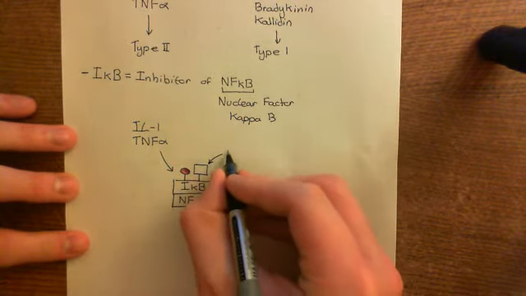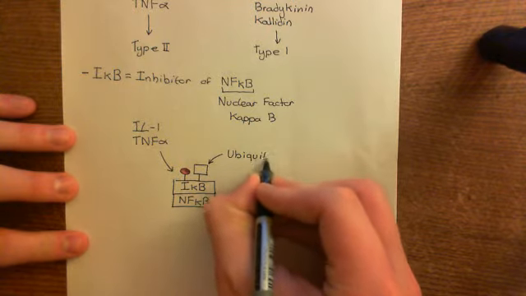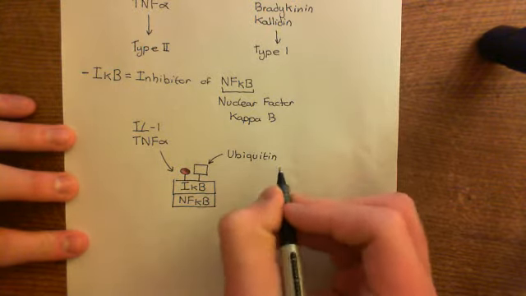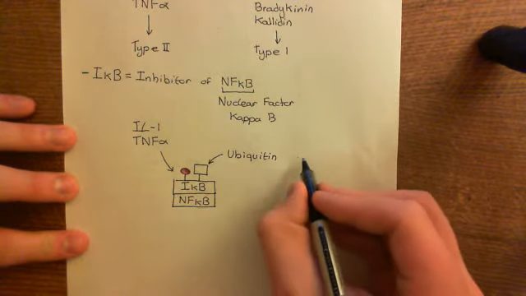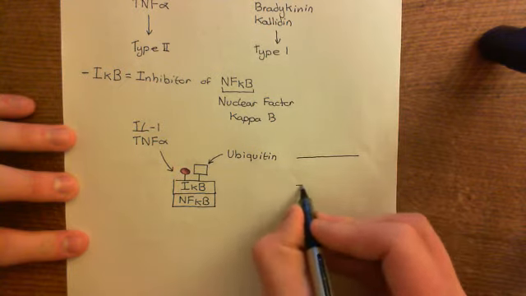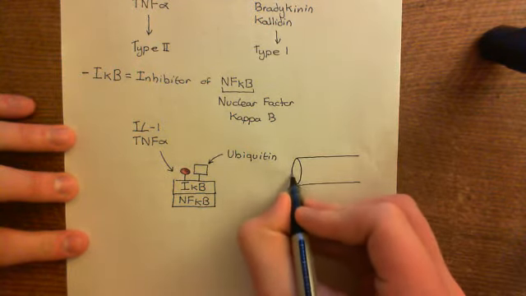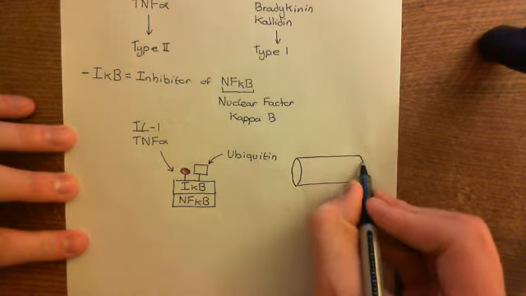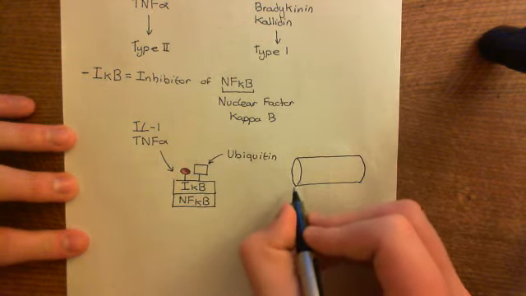It now gets a ubiquitin group stuck onto it. Now, ubiquitin is not a group that proteins want to get stuck on themselves. Basically, things which get ubiquitinated get targeted for destruction by the proteasome. Okay, so a proteasome is quite a formidable structure in the world of molecular biology.